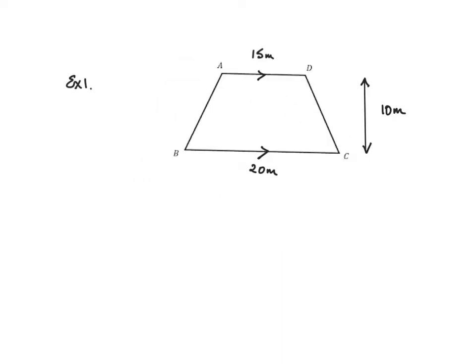Example 1 then. We want to work out the area of this shape. So nice and simple. The formula is area equals 1/2 of the height multiplied by A plus B, where A and B are the lengths of the parallel sides.